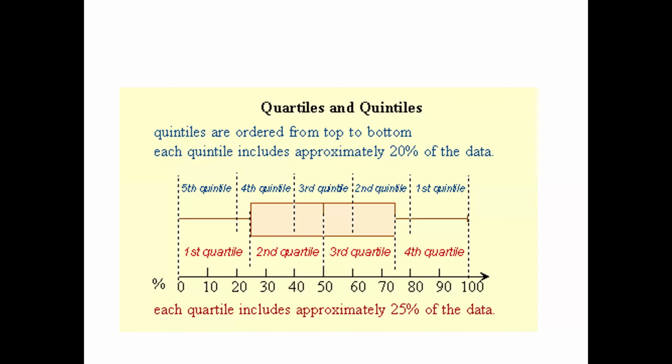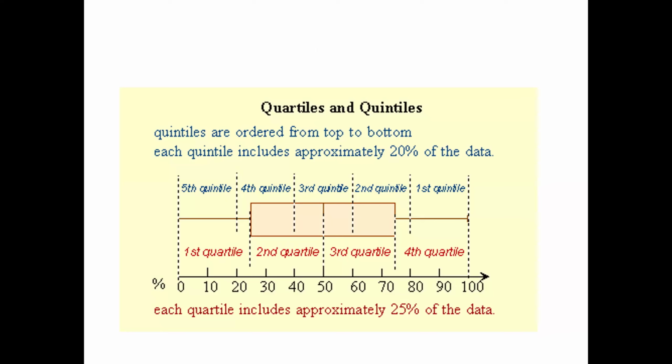When you are doing research on socioeconomic status, they prefer using quintile. For example, you want to look at the weight of people: the first 20%, the first quintile, the second quintile, up to the fourth quintile. There are 4 lines that divide the data into 5 equal parts, 20% each.